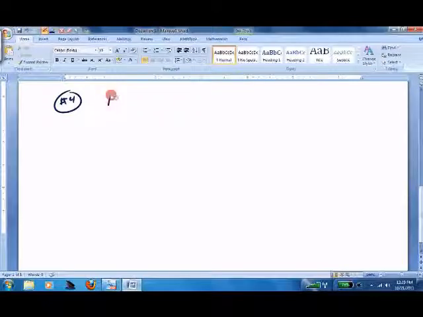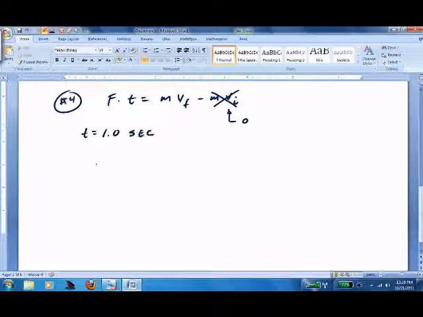So we're looking for all these pieces of information again. We know that the initial speed was 0, so all of this will vanish. And now we say, okay, they gave us time equals 1 second to stop her. Her speed was 5 meters per second right before she hit the mat. That's v, not m.